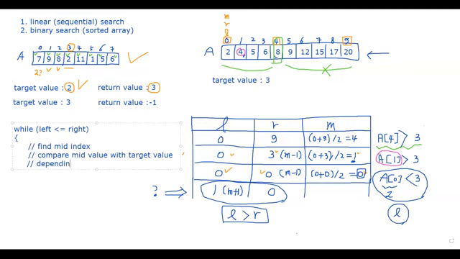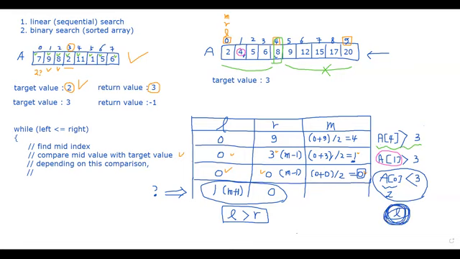Yeah, so I didn't get it. This one, since array A0 is 2 and it's less than 3, so it should be left minus 1, right? Why is it plus 1? Left should be incremented, right? Do you understand this one? Left should be updated, right? Is it okay?